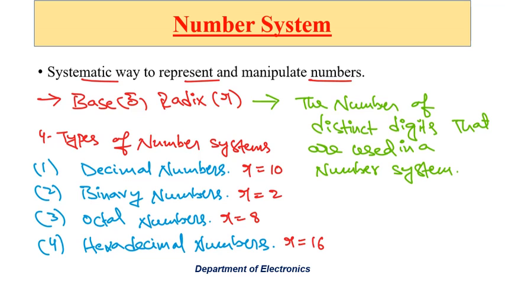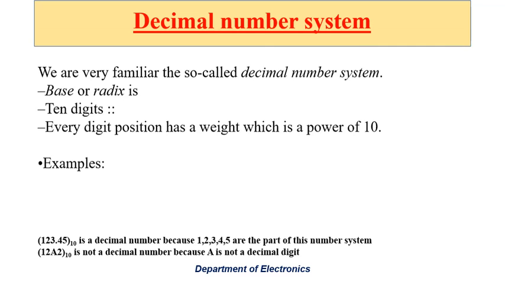So let us discuss one by one in detail. First, we will discuss decimal number system. We are very familiar with this number system because in our day-to-day activities, we use this number system only. So the radix of the decimal number system is 10.